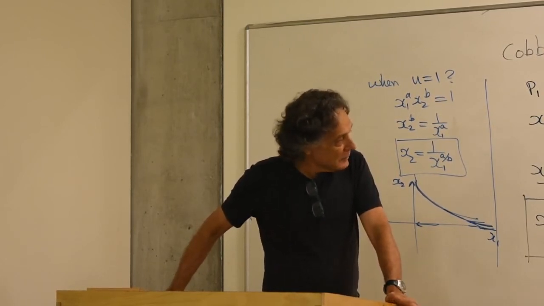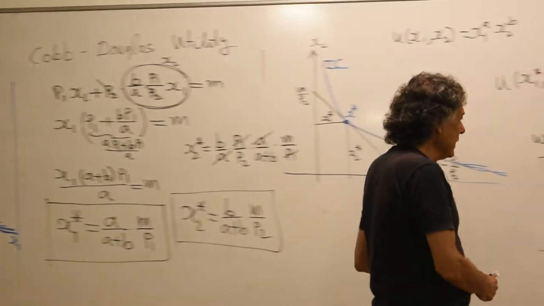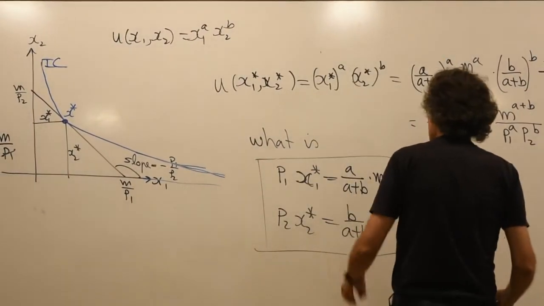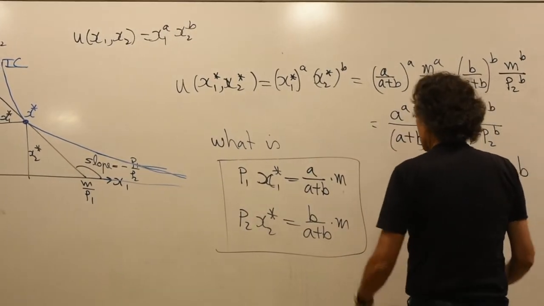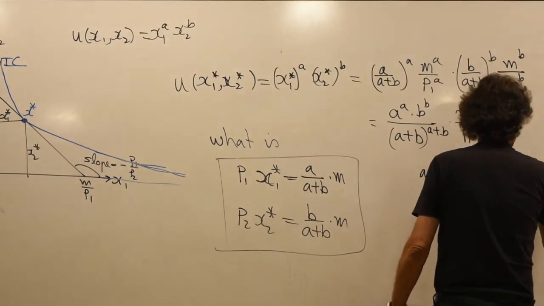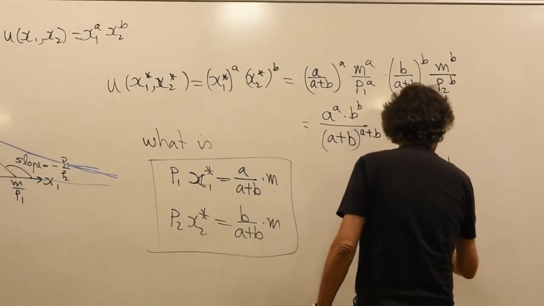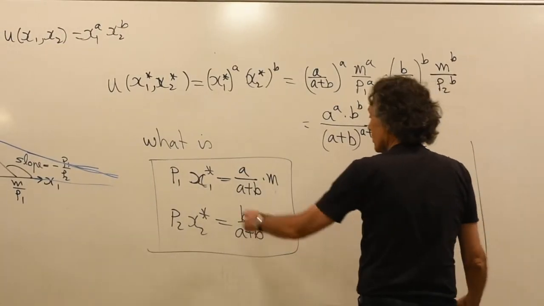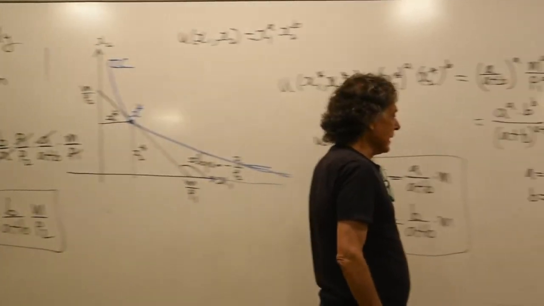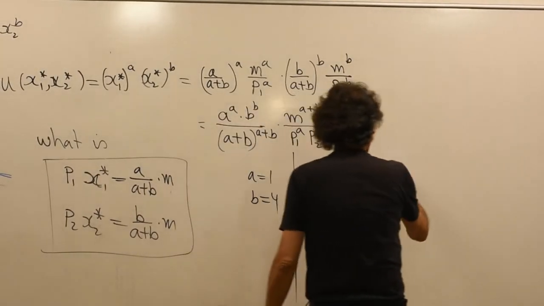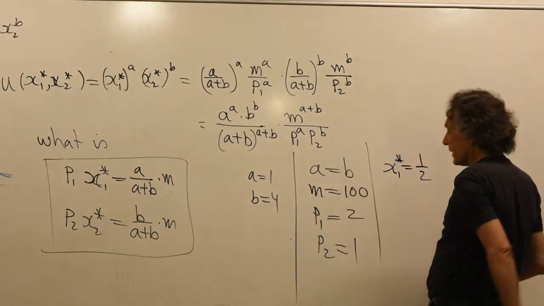So I gave you a numerical example at the beginning. Let's say that A equals B, and we have M equals 100, and P1 equals 2, and P2 equals 1. So according to this, x1 star will be half, because A over A plus B, when they are the same, is 1/2.